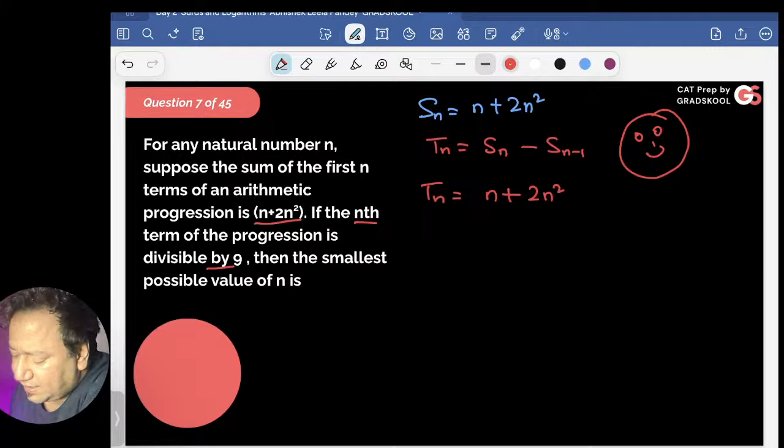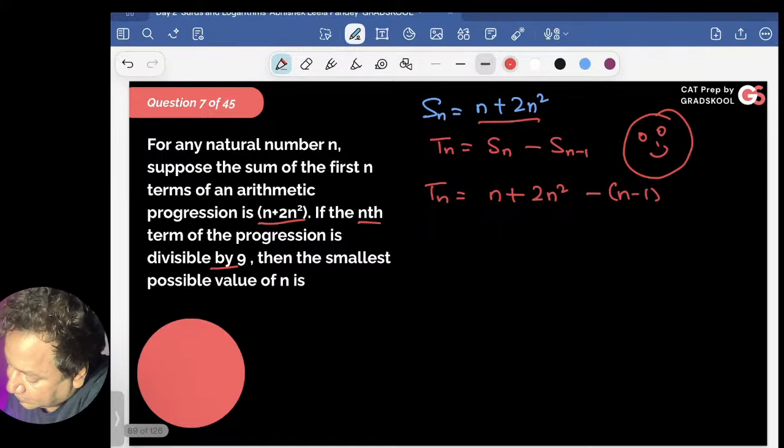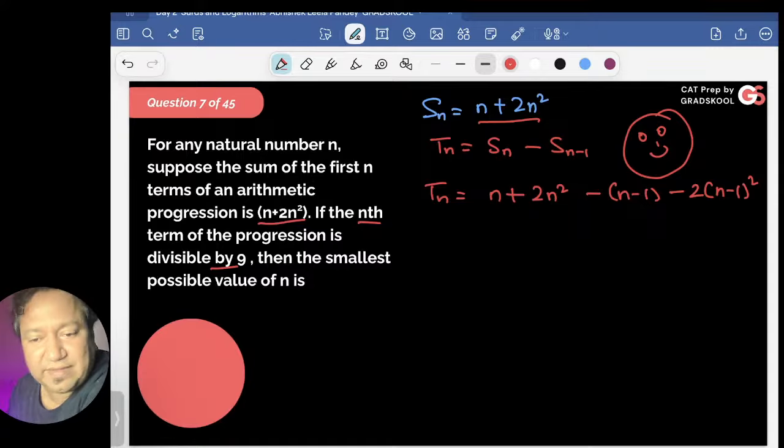So if it was n plus 2n squared for n, for n minus 1, replace n with n minus 1, so you will get n minus 1, and here there is a minus, minus 2 times n minus 1 whole square, and this is the value of Tn. Is that cool? Let's solve it now.